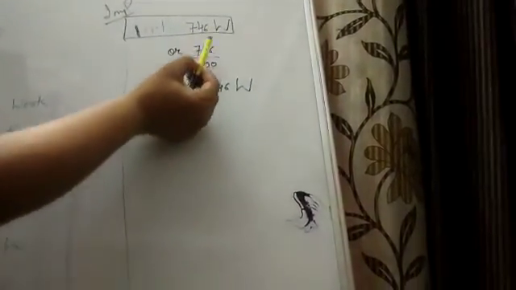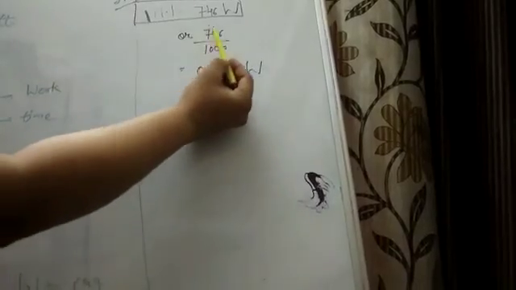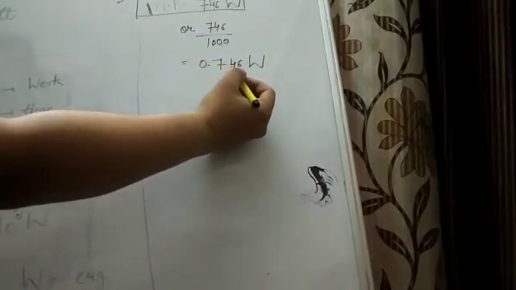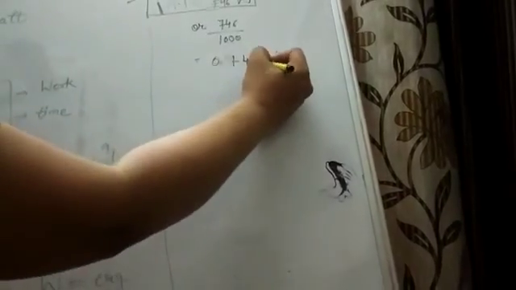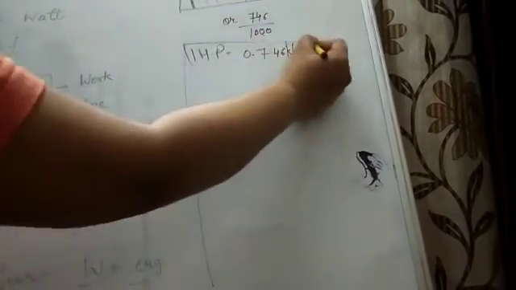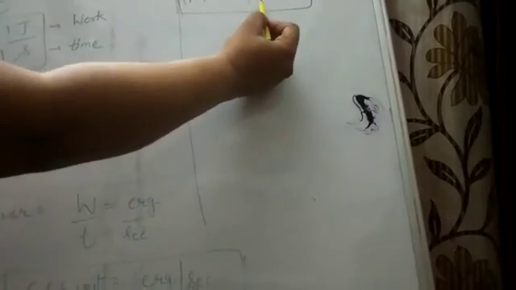And if we convert it into kilowatt, if we divide it by 1000, we will get 0.746 kilowatt. So 1 horsepower is equal to 746 watt or 0.746 kilowatt. Yes students, today we have finished our topic of power.